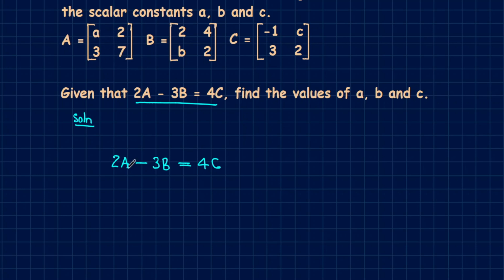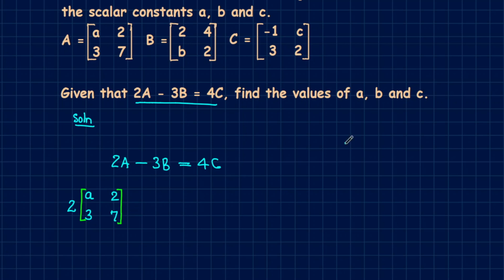by this matrix figure. Let's make this substitution where we write our 2 as a scalar multiple outside, break the bracket for matrix A, and enter its elements in their corresponding positions: a, 2, 3, and 7.